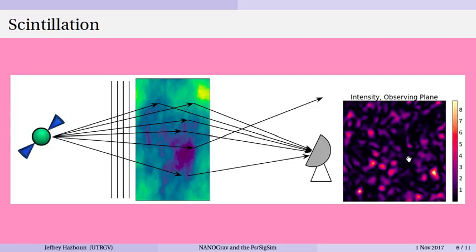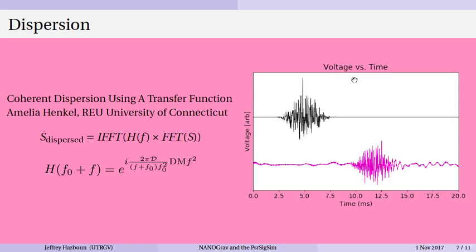And on average, it ends up being an intensity of 1. So this adds noise to our signal because this is the intensity from the pulsar. It has nothing to do with the intrinsics of the pulsar, just how the signal is moving through the interstellar medium. So that's something that we have coded into the simulator, and there are lots of little projects that we need to do to make this more realistic, but the simplest version is in there.